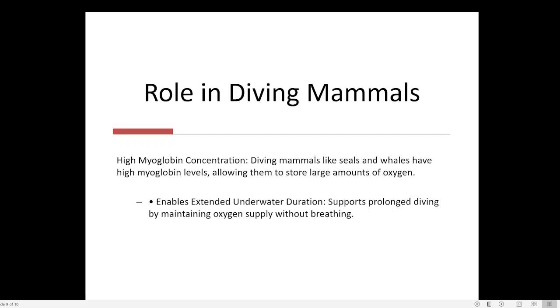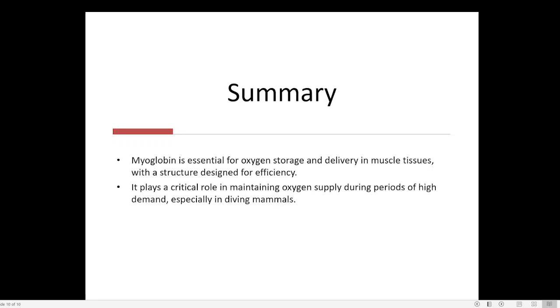But whales can stay below the water for a longer time because their blood has a higher content of myoglobin, which can store a lot of oxygen. So it enables extended underwater duration, supporting prolonged diving by maintaining oxygen supply without breathing. That is one advantage of aquatic mammals like seals, dolphins, whales, etc. Their muscles contain a higher level of myoglobin.